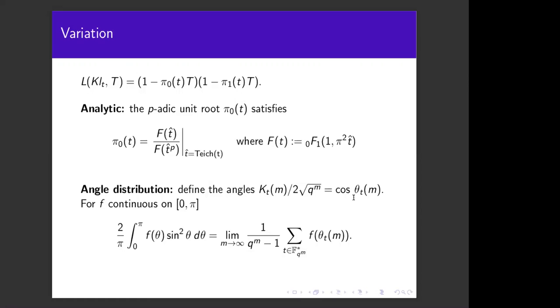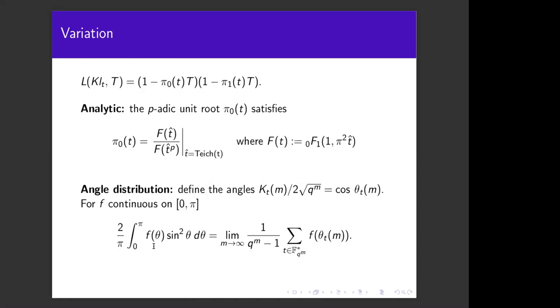The question becomes: you get this set over all m and over all t of angles, and how are these angles distributed between 0 and pi? It turns out their distribution satisfies a Sato-Tate distribution, which is this one here.